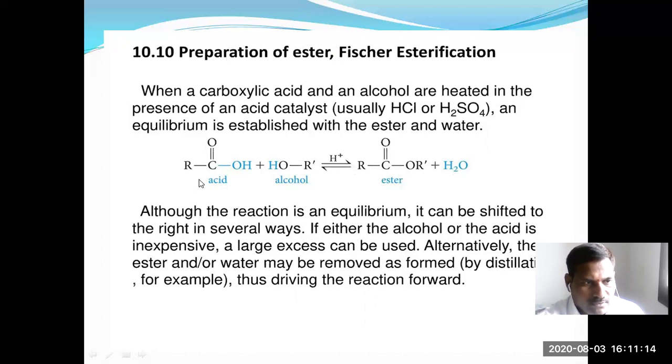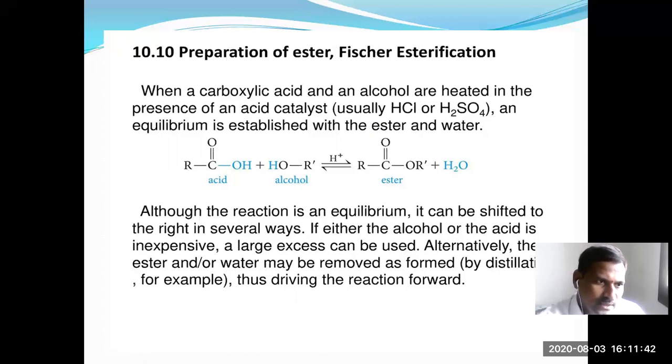For example, we can take acetic acid and methyl alcohol, and we get methyl acetate. In the next example, acetic acid reacts with ethyl alcohol. What ester is formed? Ethyl acetate is formed.